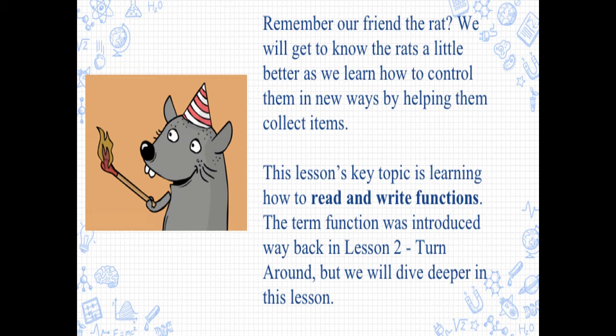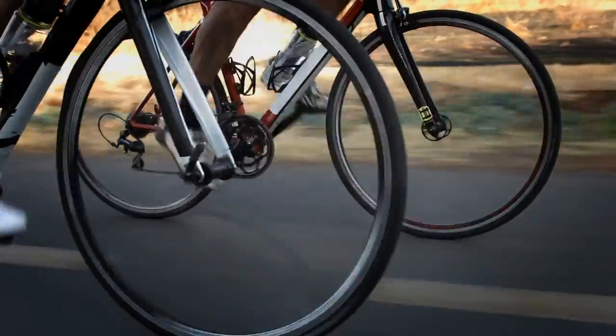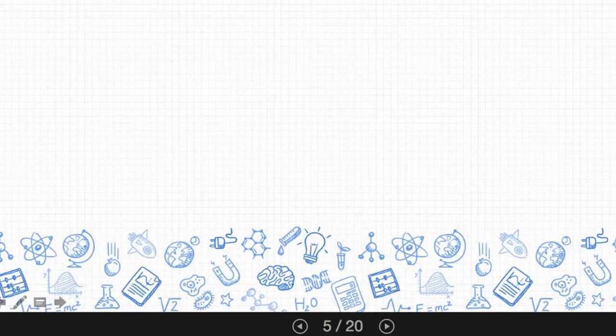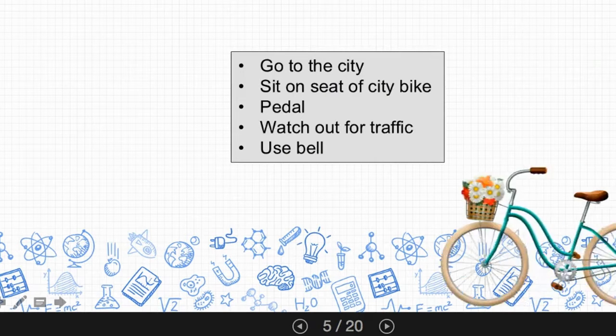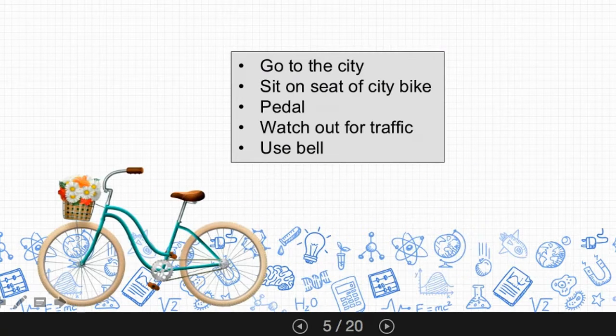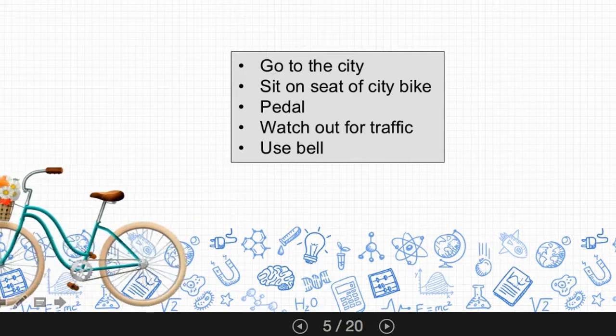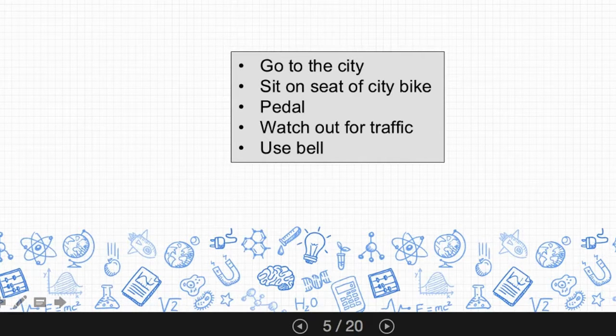The term function was introduced to us way back in Lesson 2, Turn Around, but we will dive deeper in this lesson. Imagine you have a block of code with the instructions for riding a bike. For example, go to the city, sit on seat of city bike, pedal, watch out for traffic, use bell.